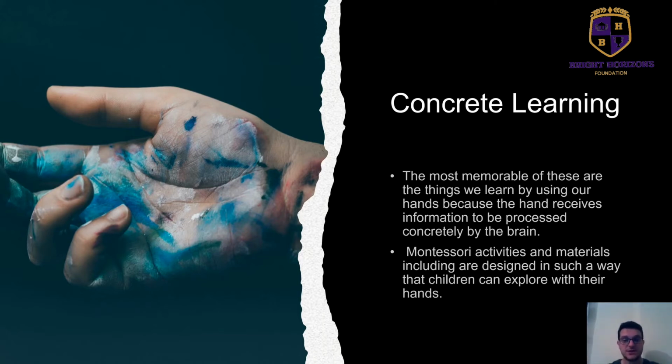Montessori activities and materials are designed in such a way that children can explore things by hand. When we touch, our hands transmit the information in a different way to the brain, and it is processed differently.